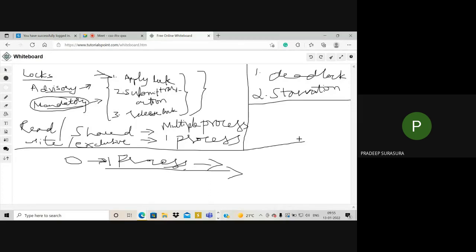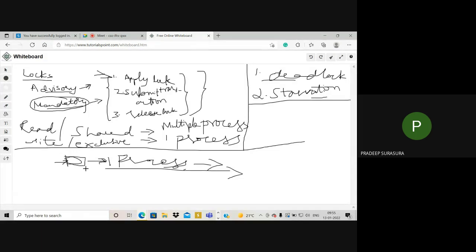There might be certain chances where we may arrive at deadlock, or there might be certain chances where one or two transactions are waiting for their turn to access. See, this lock has been applied by one process, and imagine this is one block.